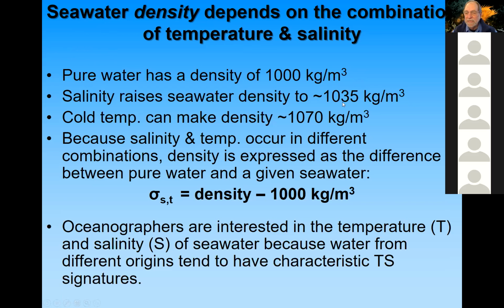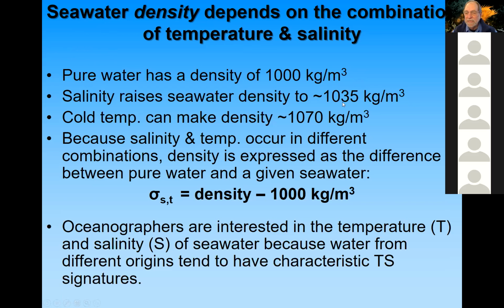Okay. The other thing to notice is if we're looking at density, these contours here, getting back to trying to understand what contours are, are sigma-t, the change in density due to change in temperature.